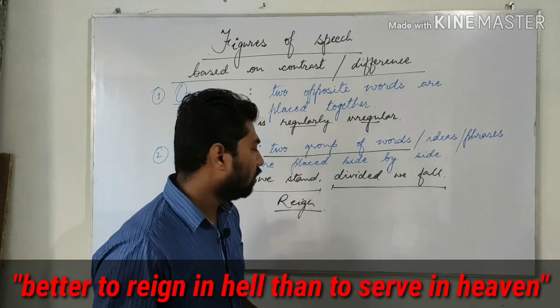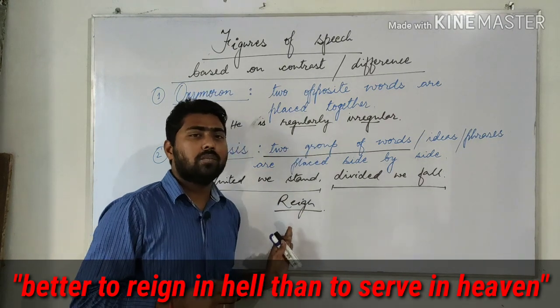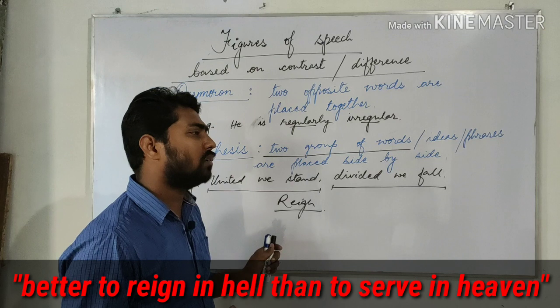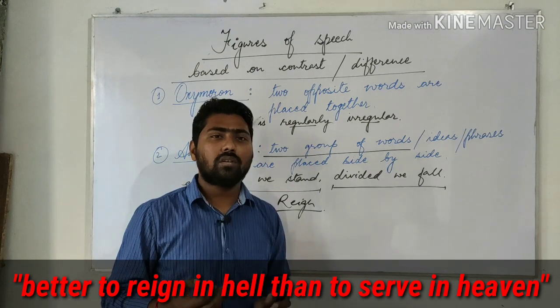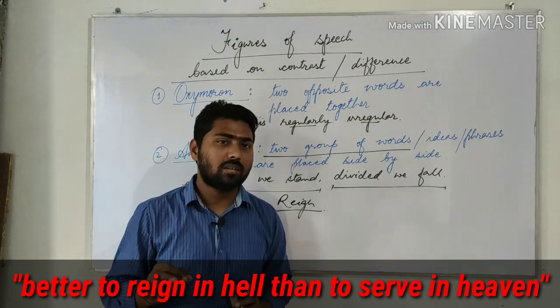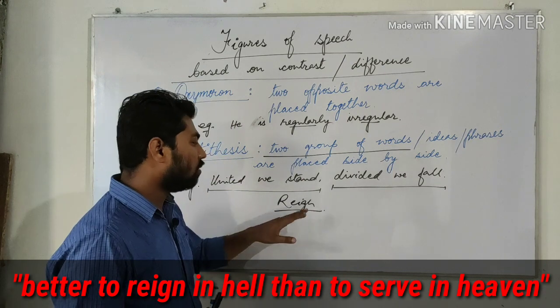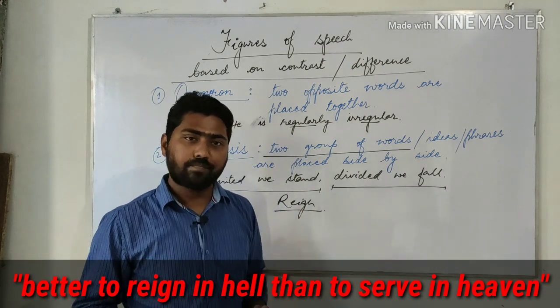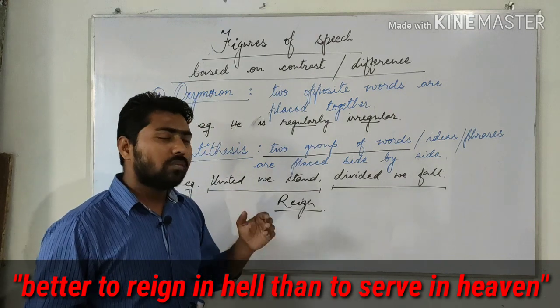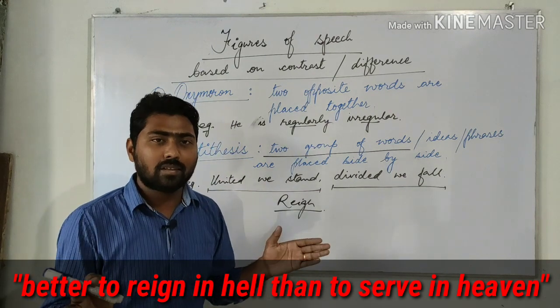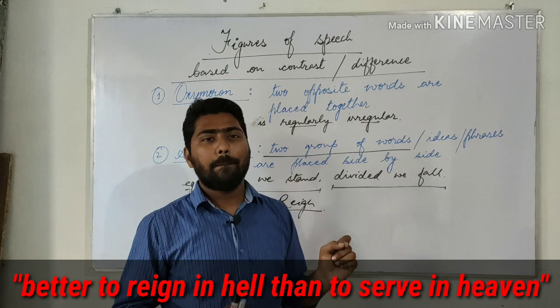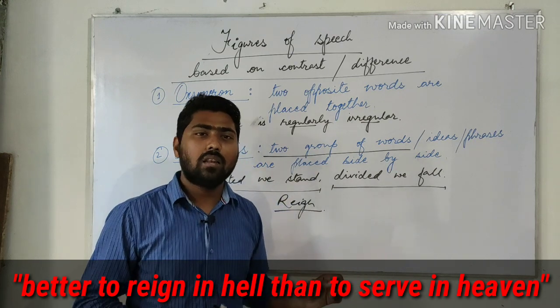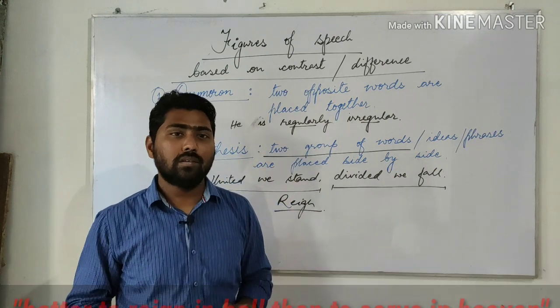I have heard sometimes that students or persons pronounce it as region. No, that is absolutely wrong. It's not region but rain, which means the duration or the rule. So John Milton's statement is an antithesis: it is better to reign in hell than to serve in heaven.